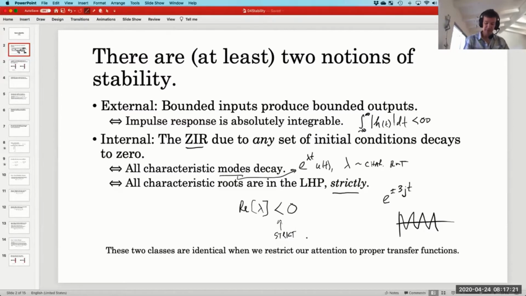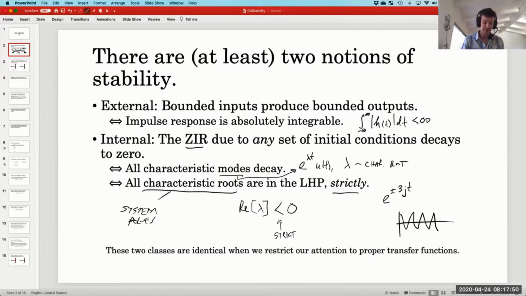So if you have this scenario, and again, characteristic roots and system poles are synonymous. Okay, so I wrote this slide in the verbiage of 228, but in 302, I'm going to pretty much always just call these poles. So if all of your poles are strictly in the left half plane, then all of your characteristic modes are going to decay eventually, which means all of your ZIRs will also decay.